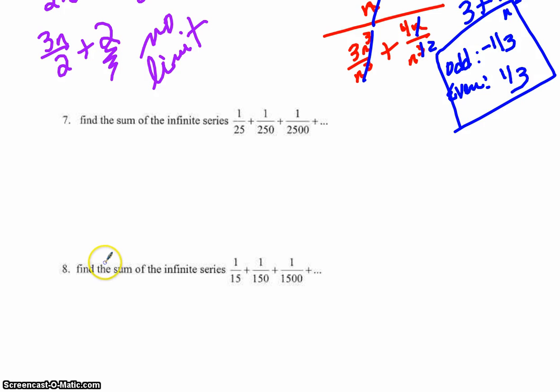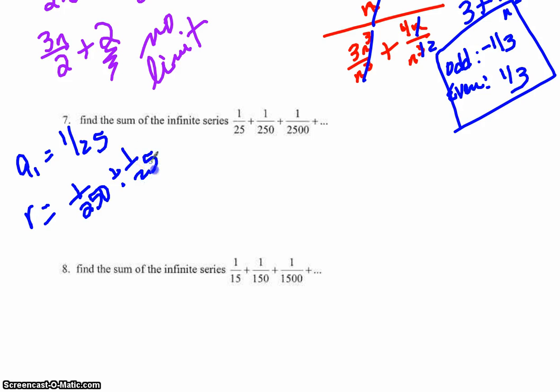To find the sum, you have to figure out what's happening every time. A1 is equal to 1 over 25. They gave that to me. R is equal to 1 over 250 divided by 1 over 25, which in your calculator is 1/10 or 0.1.